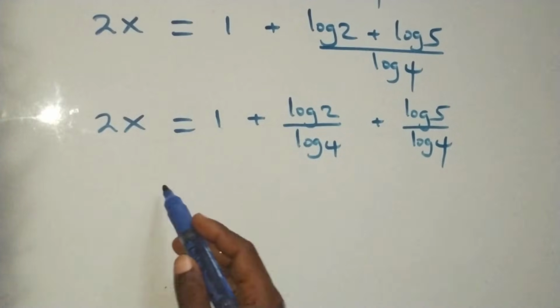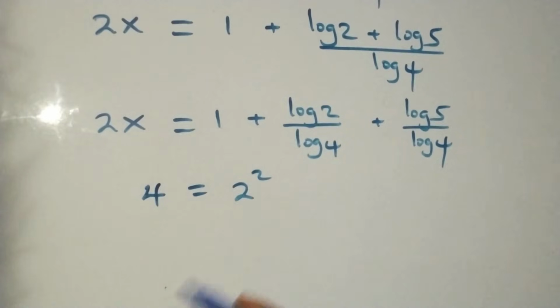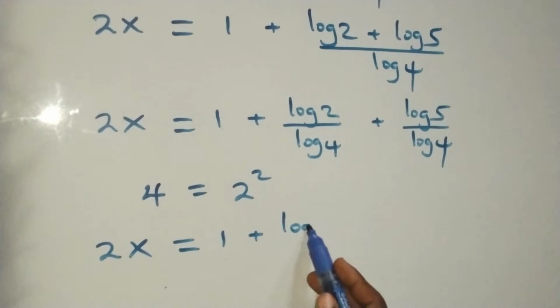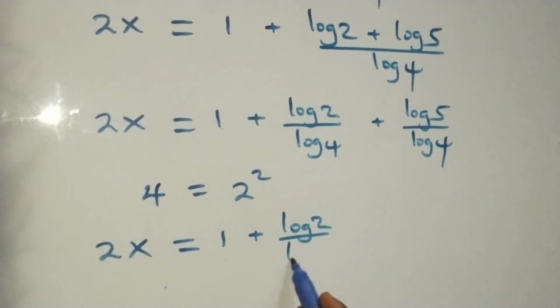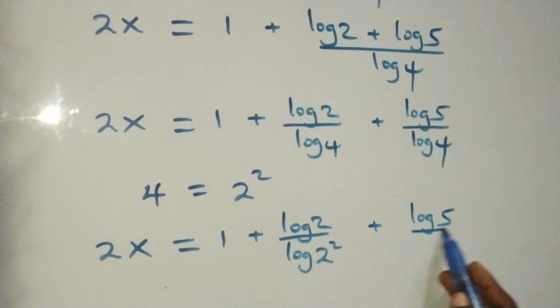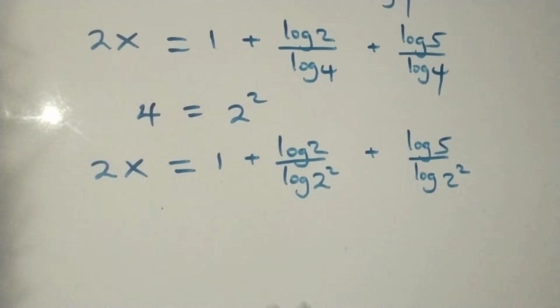Then also from here, we have 4 written as 2 times 2, which is 2 squared. Then this becomes 2x equals 1 plus log 2 over log 2 squared plus log 5 over log 2 squared.